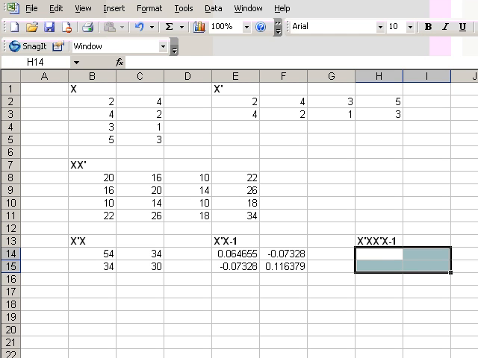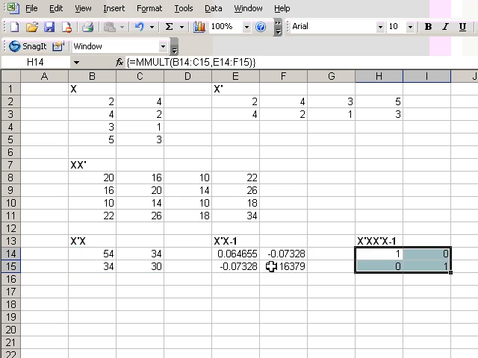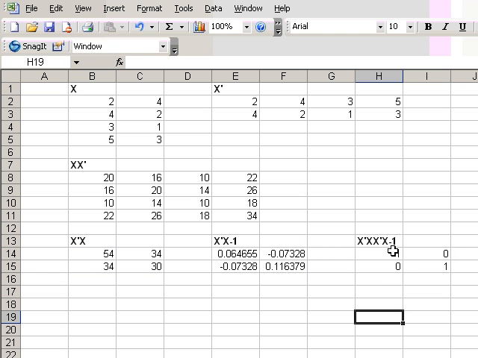And I'm going to find that again using equal m mult. So there is x prime x, a comma, x prime x inverse, Control Shift Enter, and I have 1s on the main diagonal and 0s in the off diagonal elements.